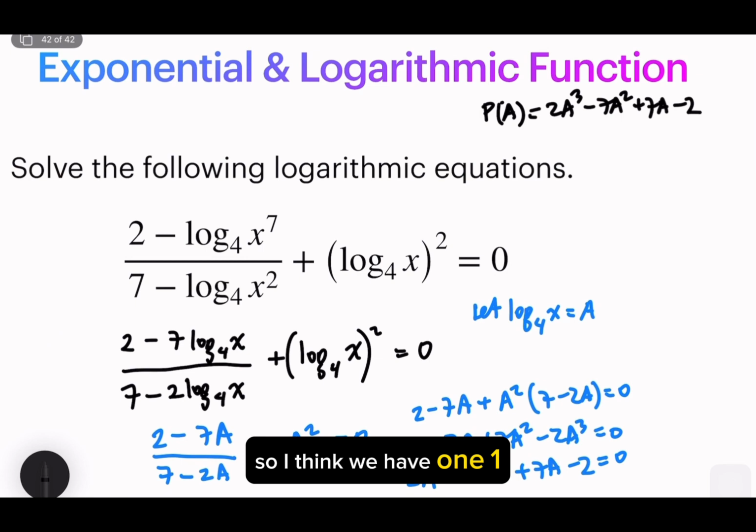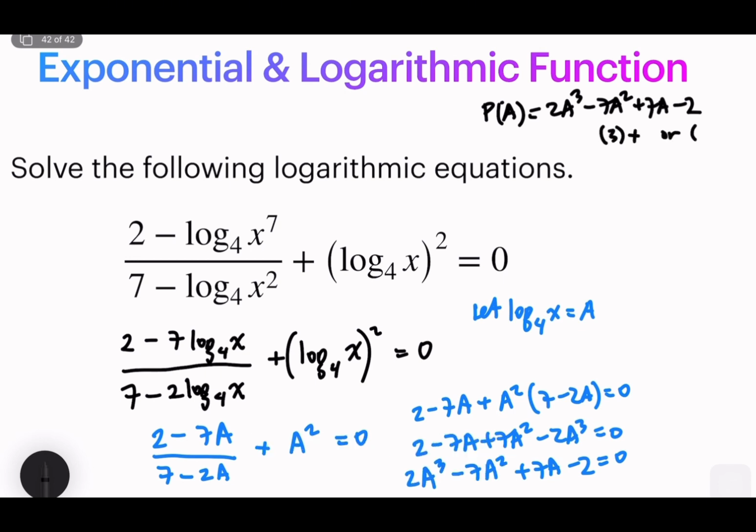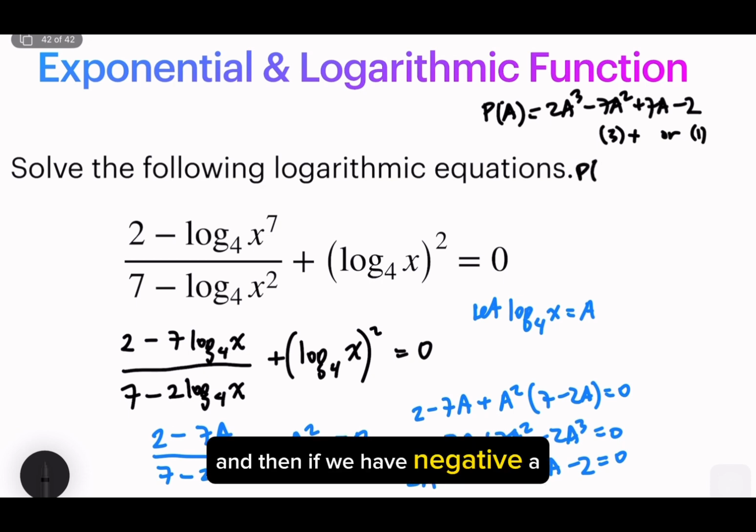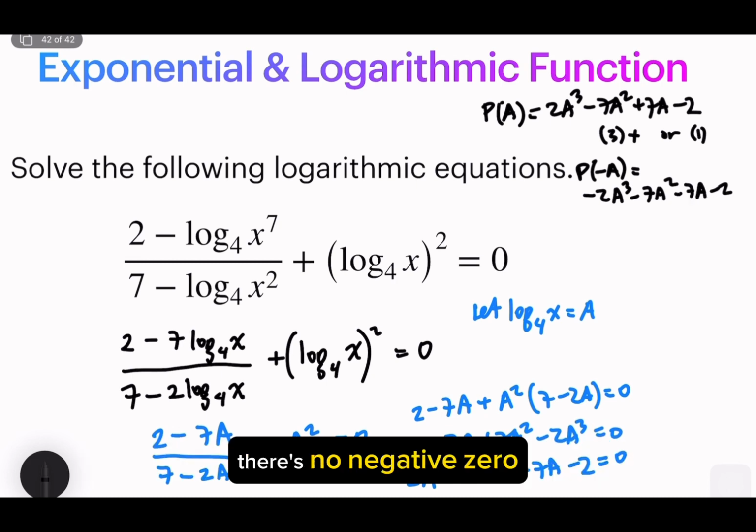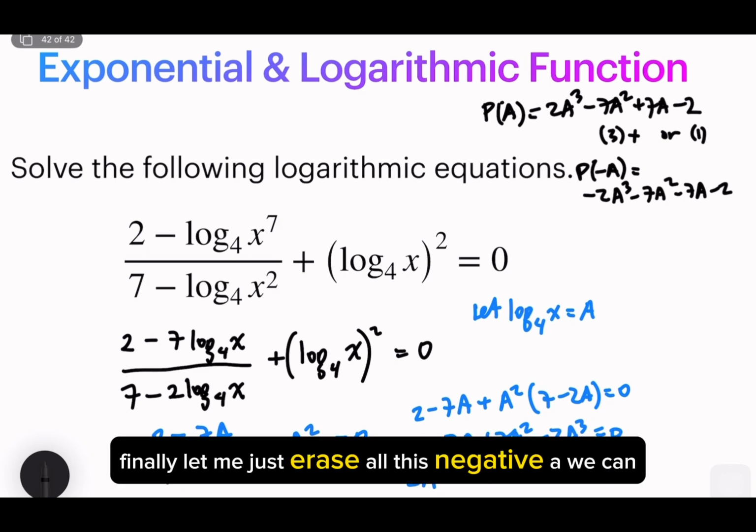So I think we have sign changes 3 or 1, so positive zeros 3 or 1. And then if we have negative a, this will be negative 2a cubed, negative 7a squared, negative 7a, negative 2. So there is no negative zero. So perhaps they're all positive. Let me just erase all this negative a.